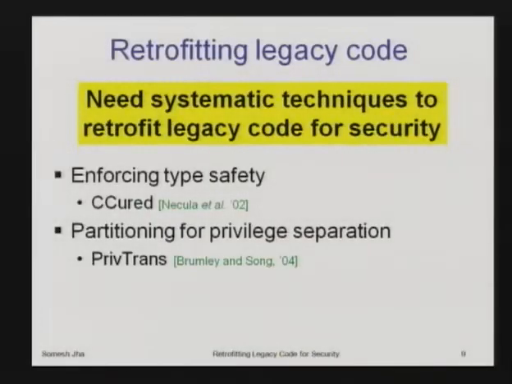Every time there's an array access, you check the array bounds. But then this code is going to run 10 times, 30 times, I don't know how much, slower. So then they use a very sophisticated dependent type system to remove checks that are redundant, that you can statically prove you don't need. And, at least if you believe their PLDI paper, they're able to get pretty good overheads, like 5% or something like that.